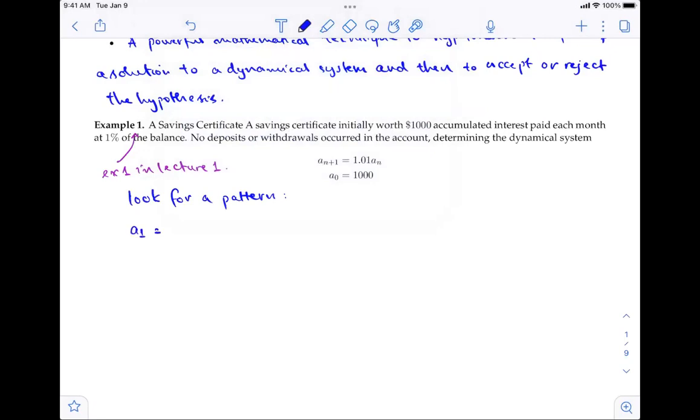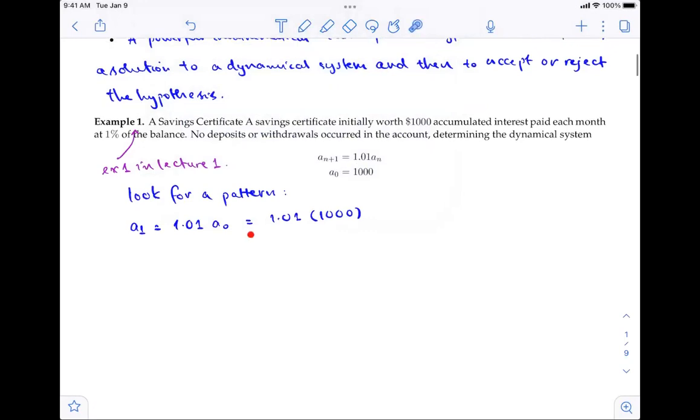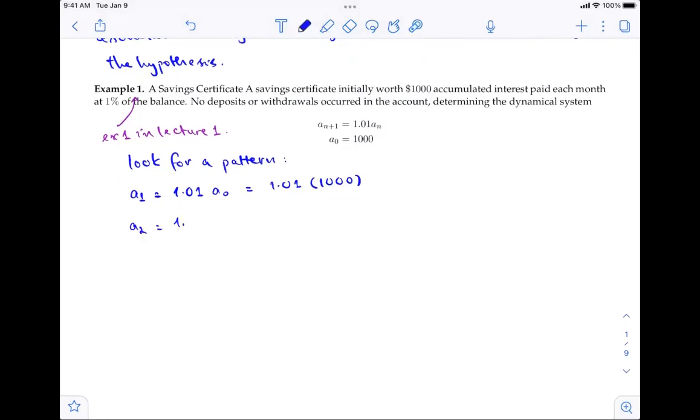Then a1 can be calculated as 1.01 times a0, or 1.01 times $1,000. I'm not going to calculate the value of this multiplication because I want to look for a pattern here. Now a2 is equal to 1.01 times a1, which is 1.01 times 1.01 times $1,000, so this is 1.01 squared times $1,000.